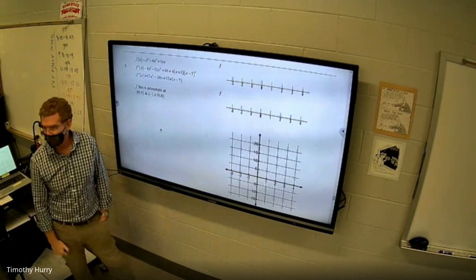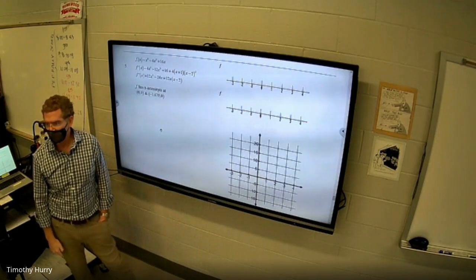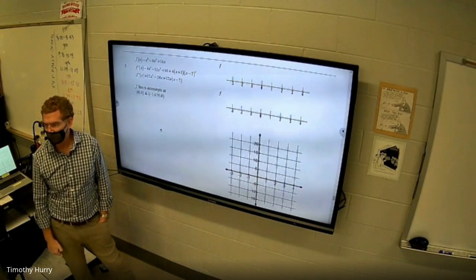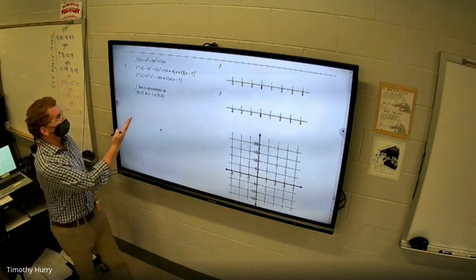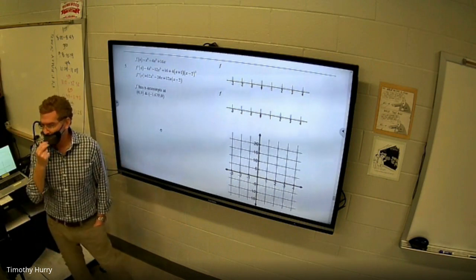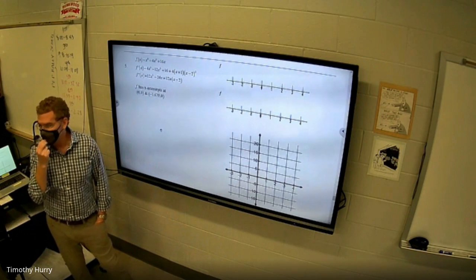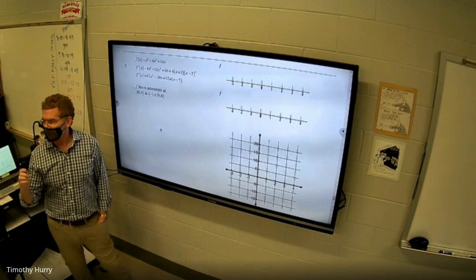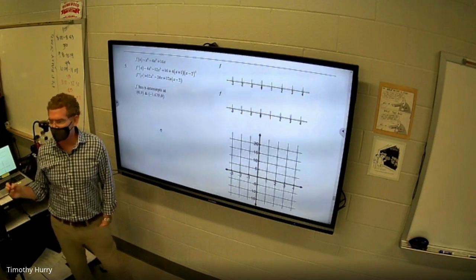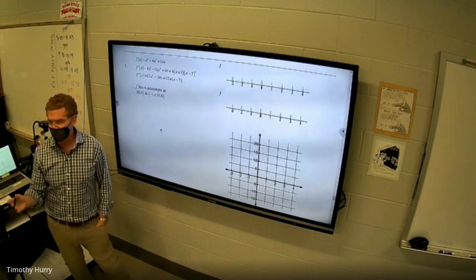Yes? I know Claire asked this a few times last year, but what am I actually going to use this for in the real world? Not this particular example, but calculus in general shows up in all kinds of physics. I don't know what you're going to use it for, but in physics, it is all through position, velocity, acceleration. That's one example.